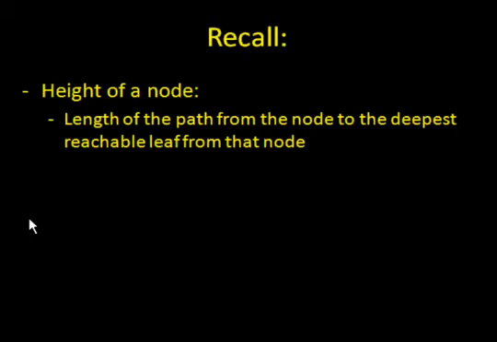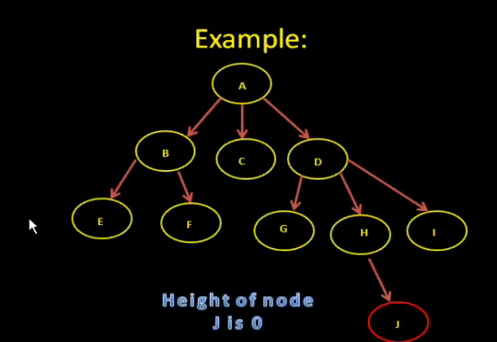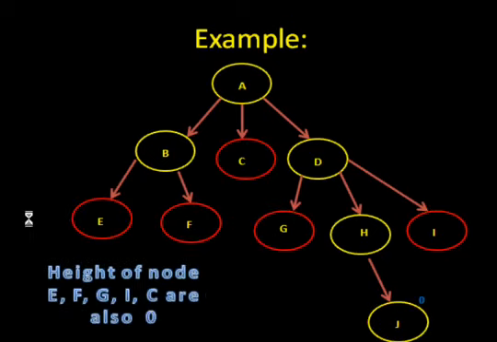Now recall what the height of the node is. That is the length of the path from the node to the deepest reachable leaf from that node. Well, here's an example of that. The height of node J is 0. The heights of E, F, G, I, and C are all also 0.